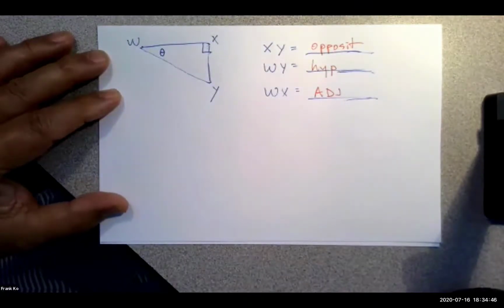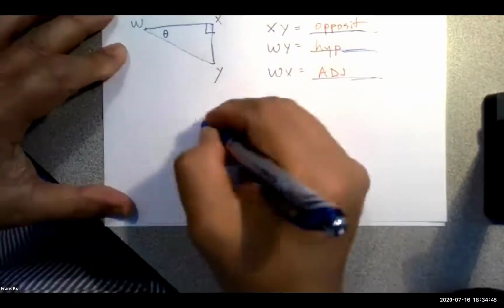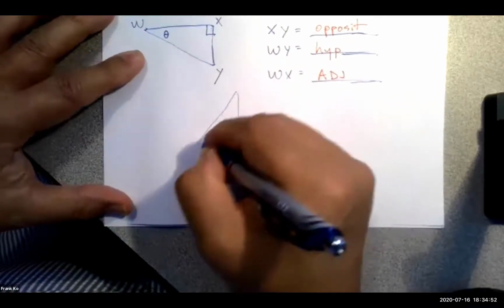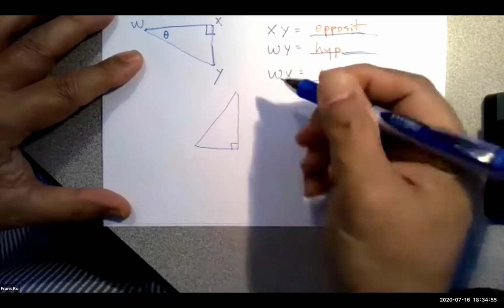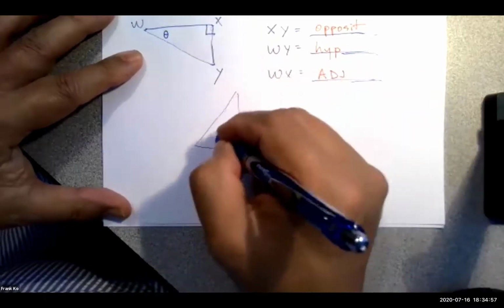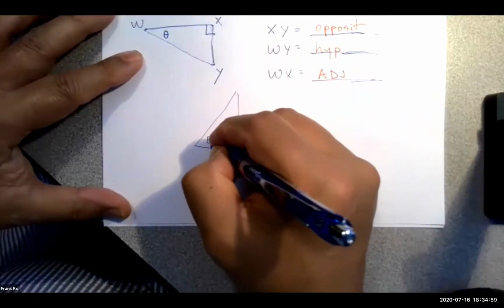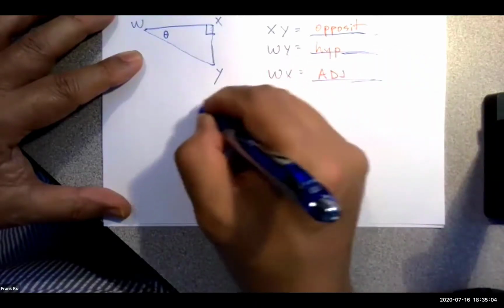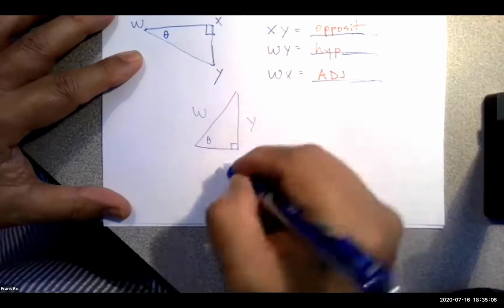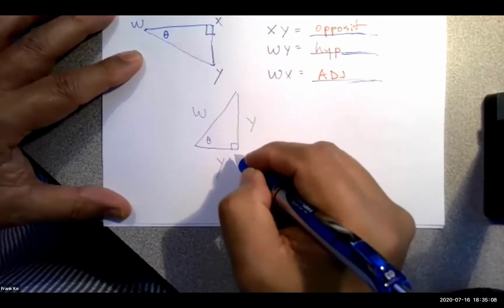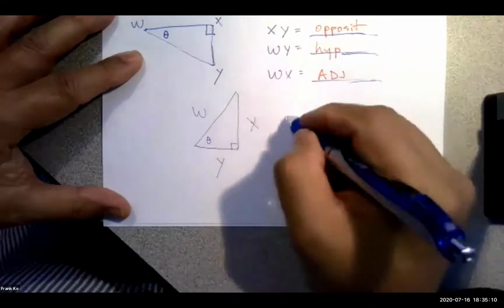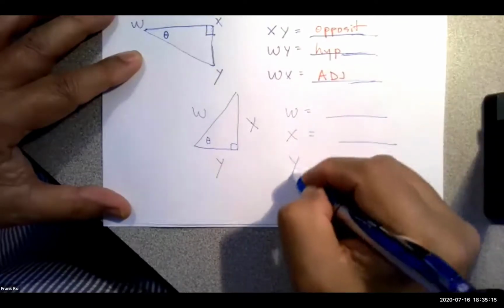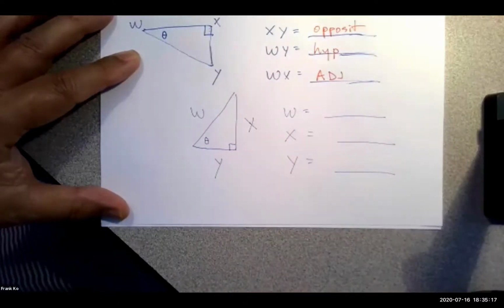I'm going to give you another one to think about. Let's do this one right here. Suppose I have this here, and I'll put this guy here. I'm going to call this W, X, and Y. So W is some side, X is some side, Y is the name of some side.